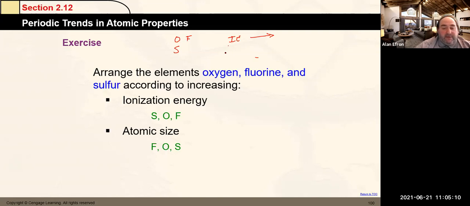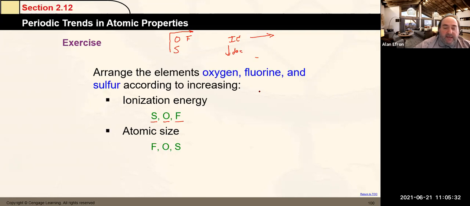We also know it decreases as we go down, which means that sulfur should be less in terms of ionization energy than oxygen. So in increasing ionization energy order, that would give us sulfur, oxygen, and fluorine.